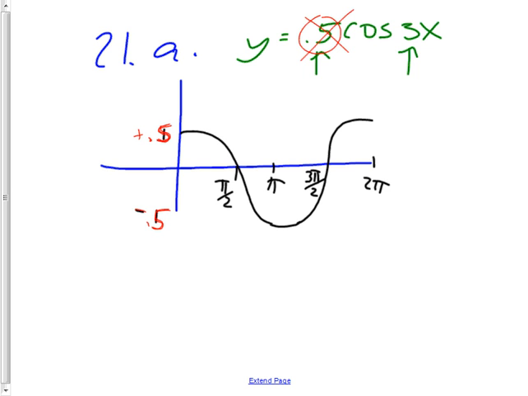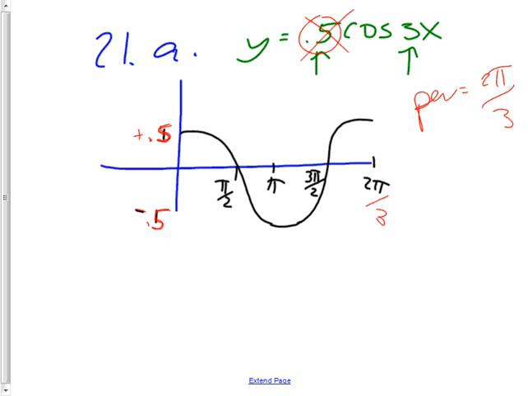Now I'm going to go to the 3x. I'm going to remind you of an important formula. Period equals 2 pi over b. And in this problem, what's b? Say it. 3. So 2 pi over 3. So now the new period on this thing is not 2 pi, it's 2 pi over 3. But instead of dividing everything by 3, there's a smarter way.